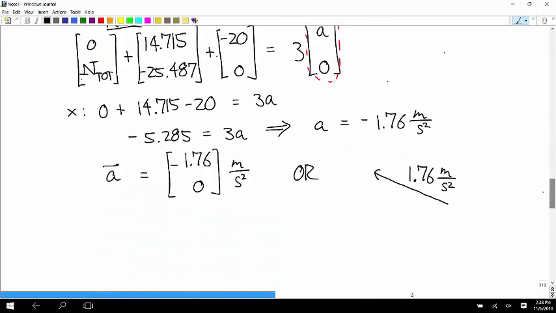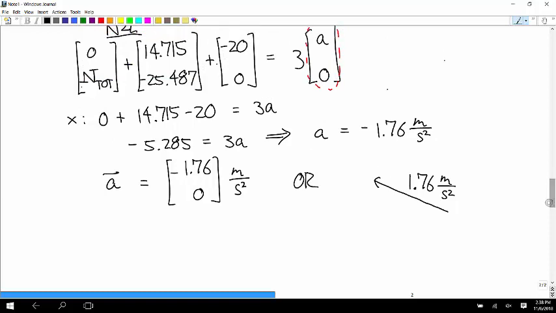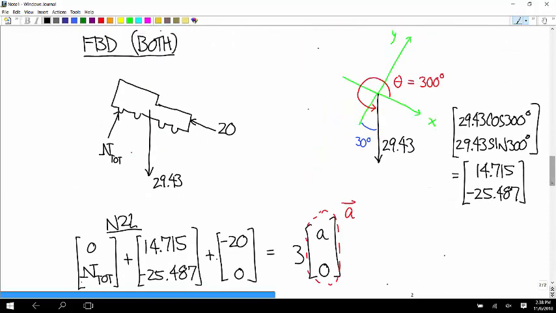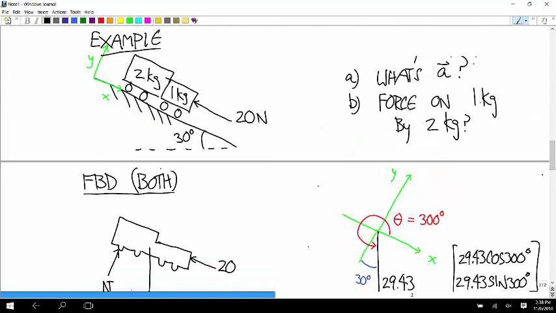We know that it's accelerating up the ramp. So if at this instant that we're analyzing, the cart was already rolling up the ramp, that means it's going to speed up. The acceleration and velocity are in the same direction. It's going to speed up going up the ramp.